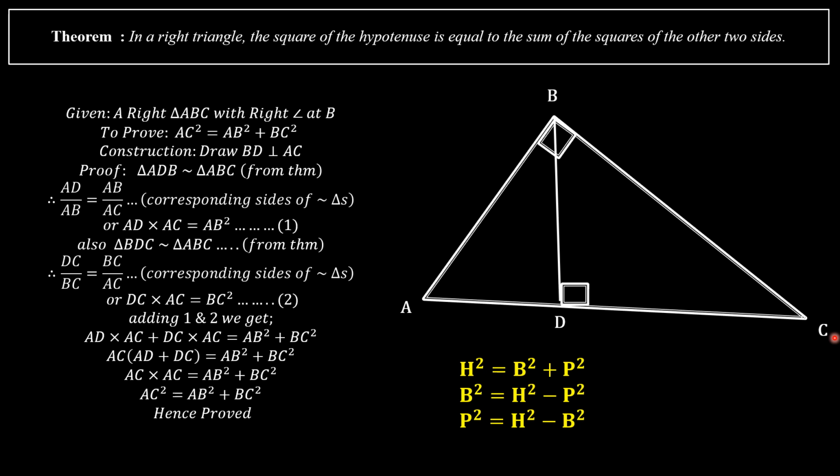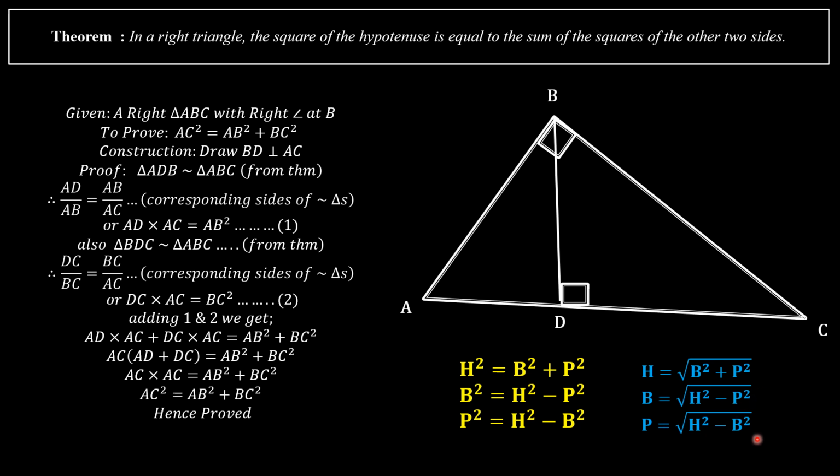And further, if we need to find the value of h, b, and p, h will be given by under root of the sum of b square plus p square. Similarly, b will be given as the under root of the difference between h square and p square, and p is given by the under root of the difference of h square and b square.